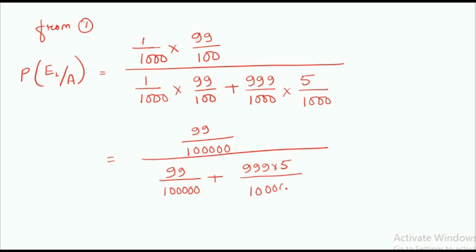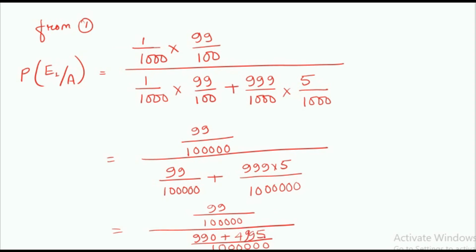1, 2, 3, 4, 5, 6 zeros. If you take the LCM, here you will have 990 plus 999 into 5, which is 4995.